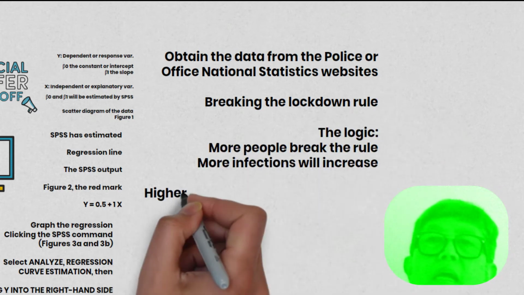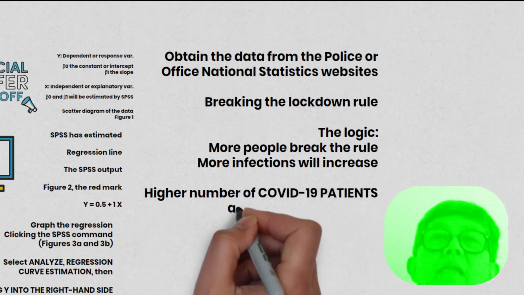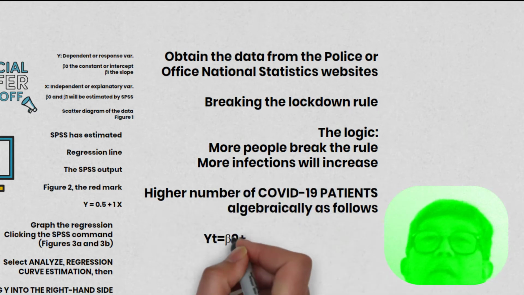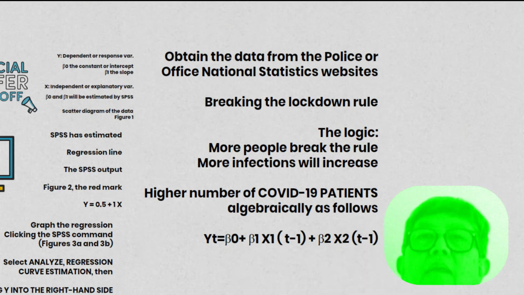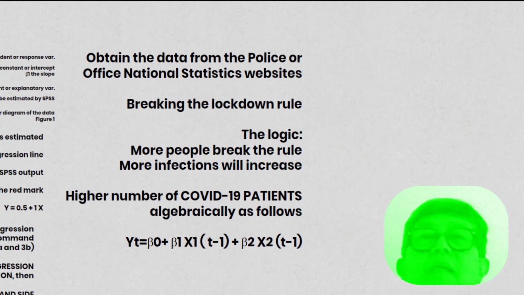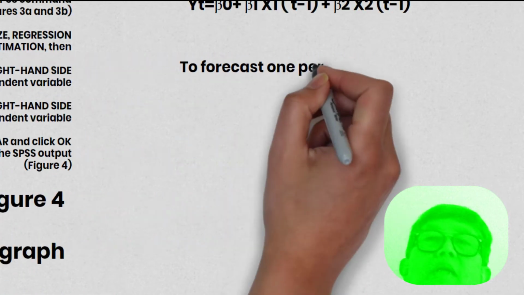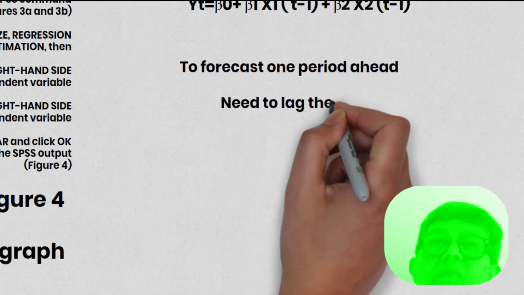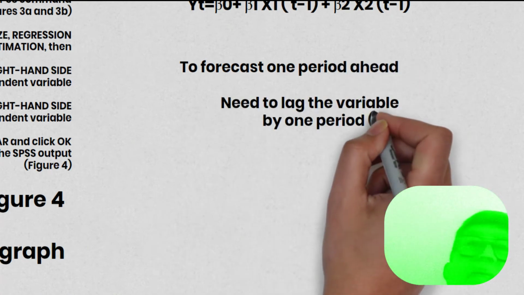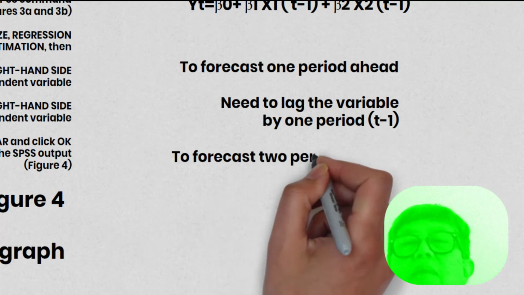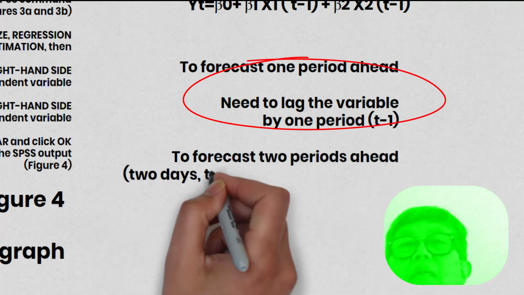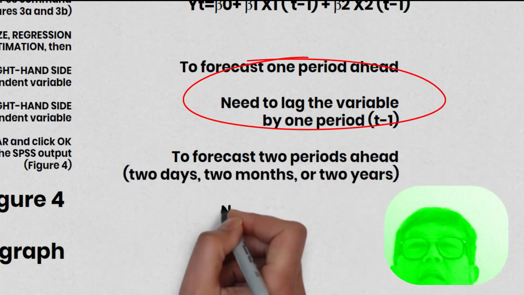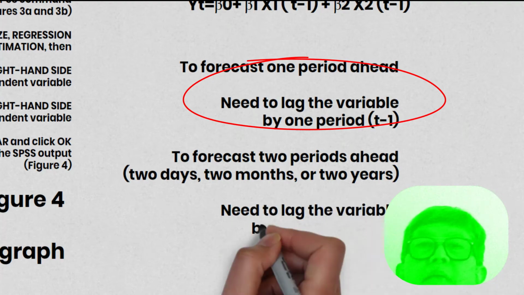Algebraically, it can be written as yt equals beta 0 plus beta 1 x1,t minus 1 plus beta 2 x2,t minus 1. So x1, x2. Remember, if you want to forecast one period ahead, you need to lag the variable by one period, for example one year.